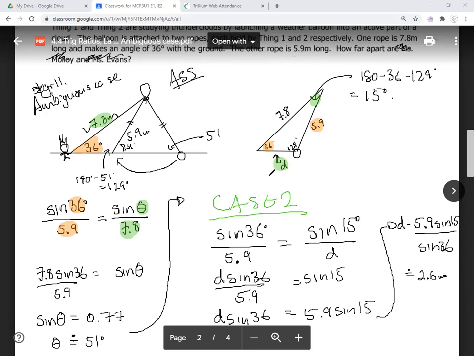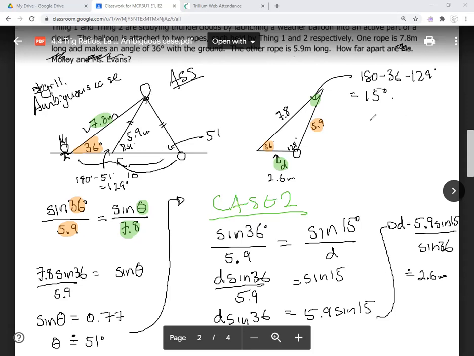So thing 2 could be 2.6 meters away or 10 meters away. Ambiguous case. Annoying. An ASS of a problem. But it helps to recognize it and to be able to see that we could find 2. You know what's funny? Well, not funny.